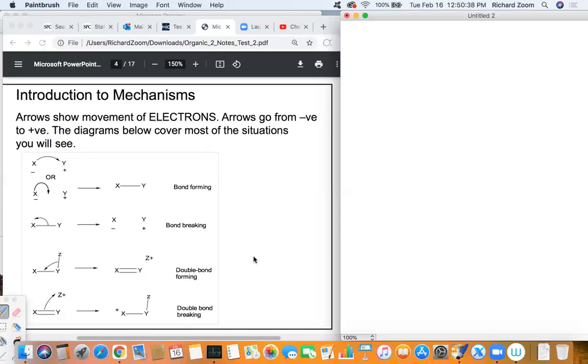There are students who will refuse to even have anything to do with mechanisms. They'll just want to memorize products rather than learn how to do the mechanisms. But learning how to do the mechanisms will form a great foundation. In fact, a lot of people who've already learned the mechanisms from Organic 1 are really reaping the benefits now when they're doing Organic 2, especially those bonus points that you get on the test as well.